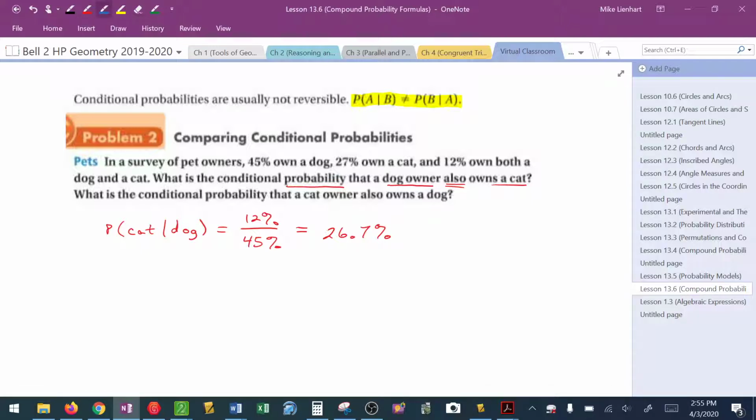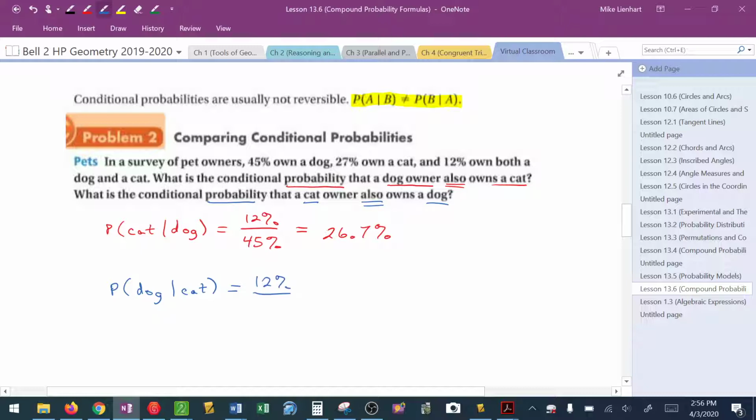The second question says, what's the conditional probability that a cat owner also owns a dog? So this is the probability of a dog given that you own a cat. Again, dog given cat or cat given dog, they're talking about dog and cat for our success. So I've still got 12% for my numerator.